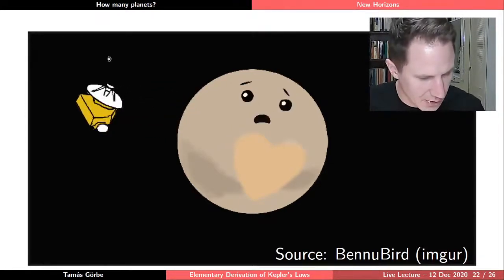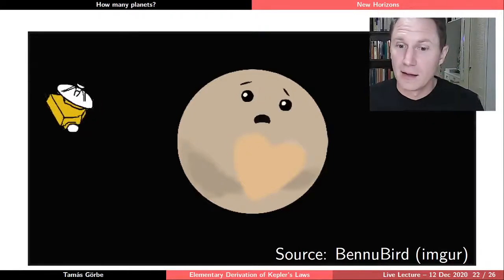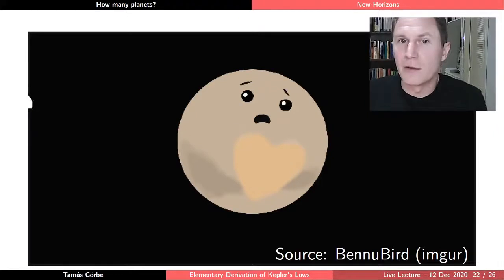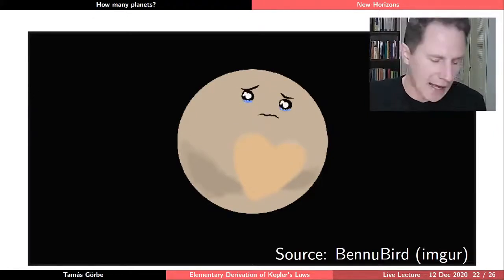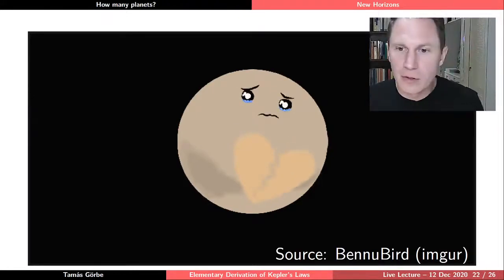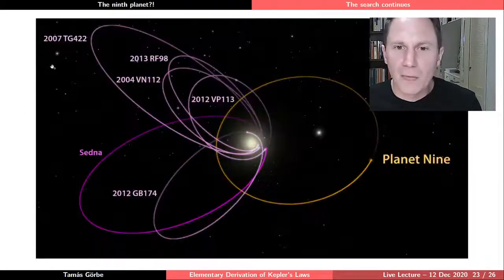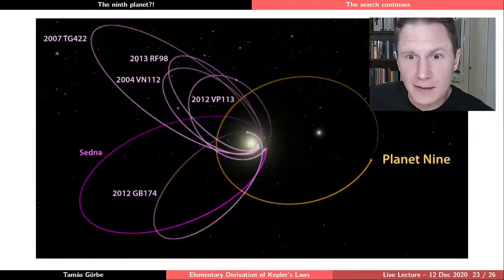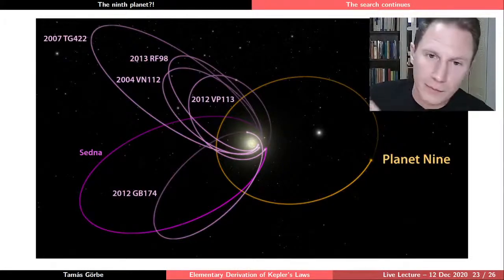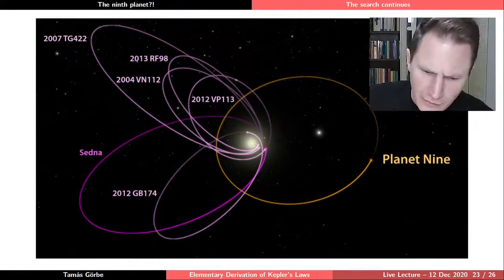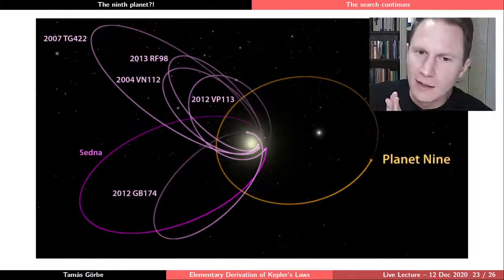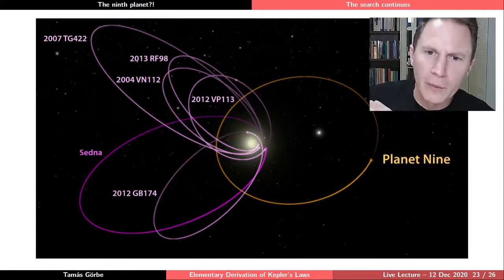Before I finish, let me just say that the study of planets in the solar system is still very active and ongoing research, and there are even ideas about a 9th planet far out in the solar system, basically outside of the Kuiper belt.